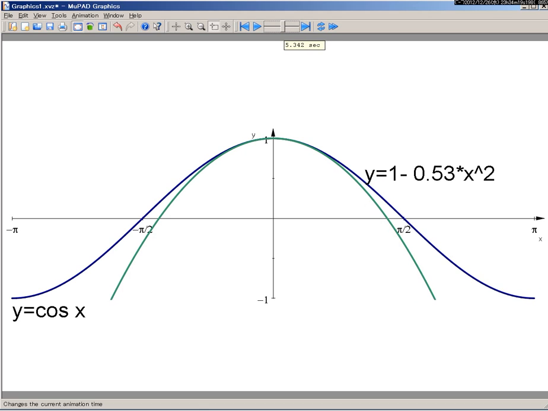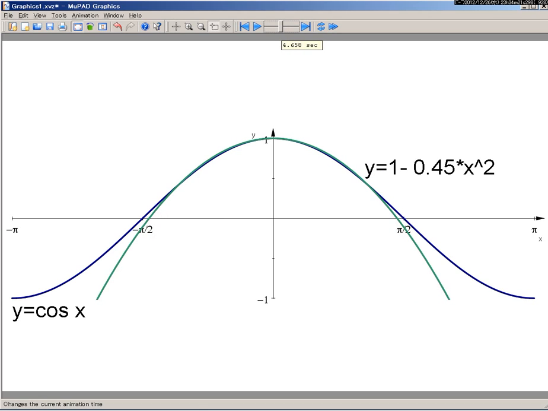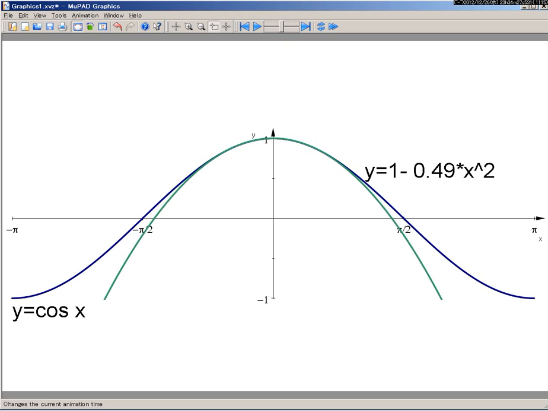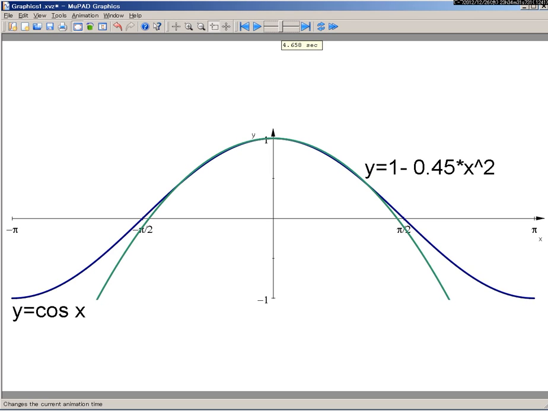To my eyes, 0.45 or 0.47 is the best solution. But to check it, we have to magnify around x equals 0. And this one is the magnifying glass, which I talked about before.